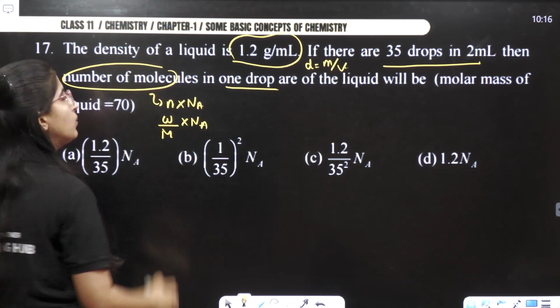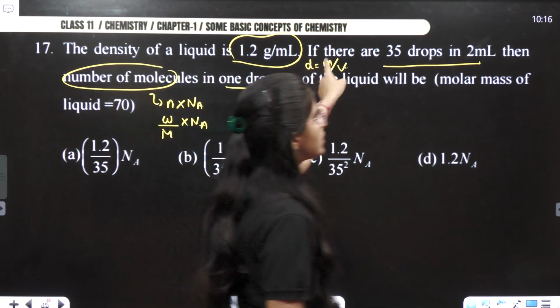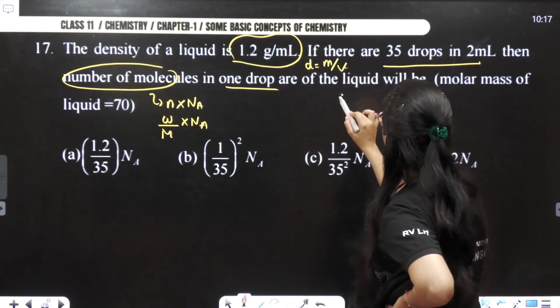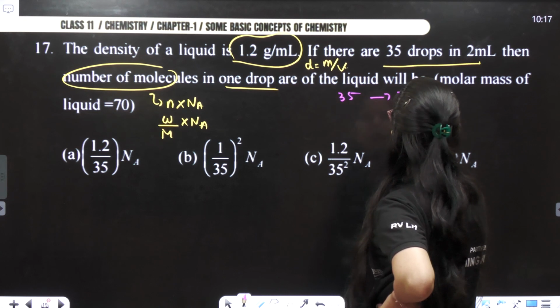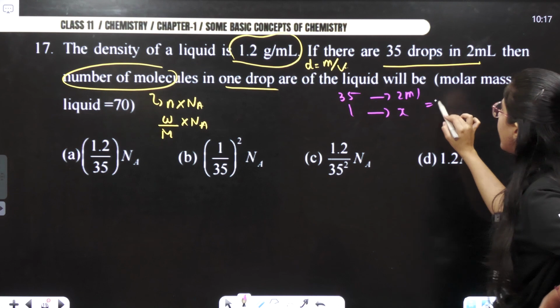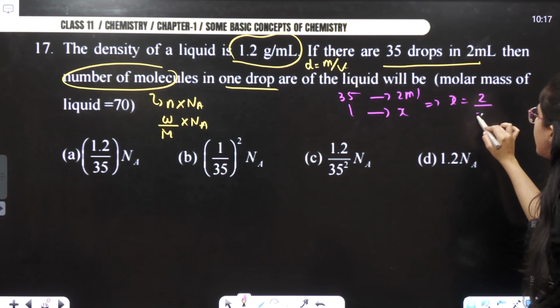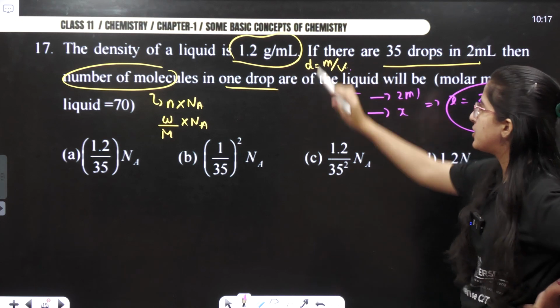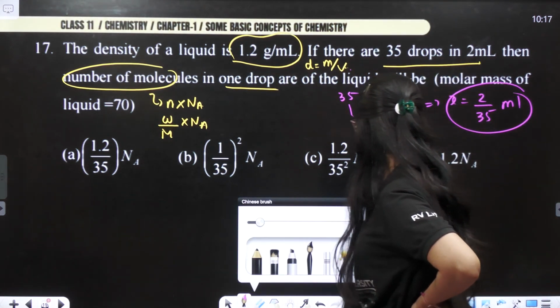So for that you need the weight. So to calculate the mass you need the volume. So how will you do it? See here. If 35 drops corresponds to 2 ml, then 1 drop corresponds to how many ml? So here X value comes around 2 divided by 35 ml. Now you got the volume, so you substitute in this formula. What will be the number of molecules now?